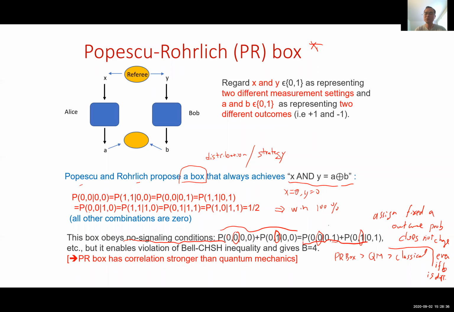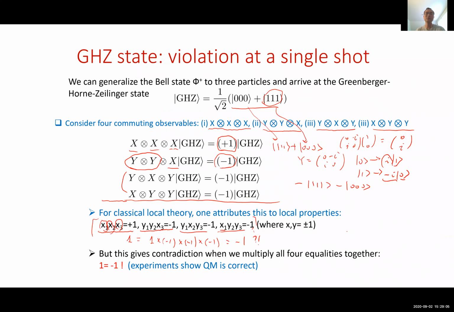Okay. I just realized that this probably is a better answer than what I gave earlier. Right. So you're summing over the possible outcomes of B, it should not matter. Okay. And this means that there's no way to do signaling, right? I cannot just do some measurement and then the other side would see that occur. Okay. But the PR box is beyond quantum mechanics. This GHZ state violation is really at the heart of quantum mechanics.